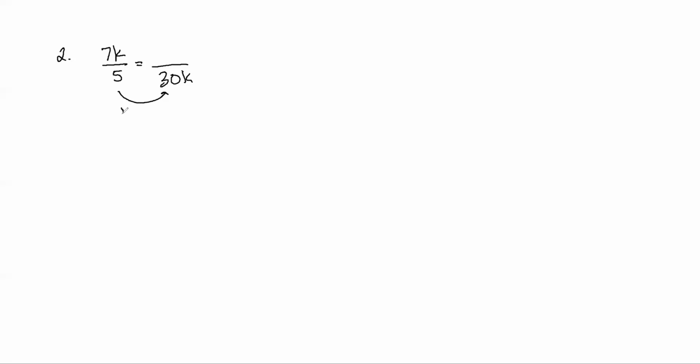Well, we multiply by 6. What else changed? We started off with no k on the left and we ended up with 1k on the right. So we also need to multiply by k. If we do that on the top, we have 7k times 6k. 7 times 6 is 42. K times k is k squared.